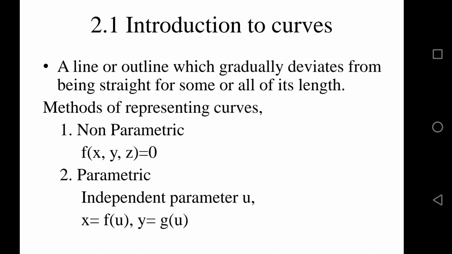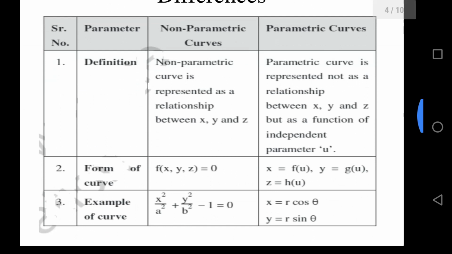The form of the parametric representation for curves will be x equal to f of u, y equal to g of u and z equal to h of u, where x is a function of u, y is also a function of u and z is also a function of u.